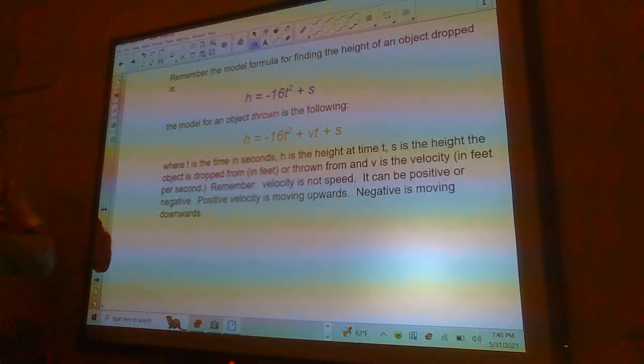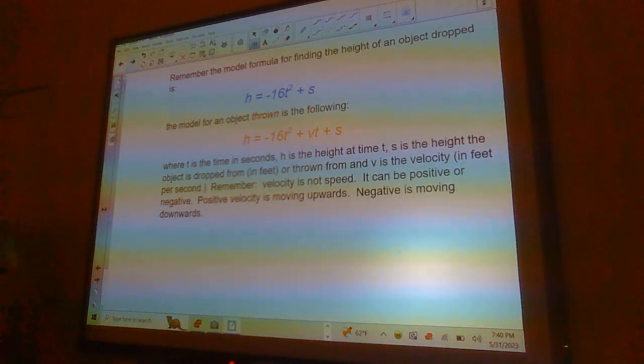This was an object that was thrown on the Earth, where t is the time in seconds, and v is the velocity in feet per second, and s is the height that it's dropped or thrown from in feet, and h is the height off the ground.